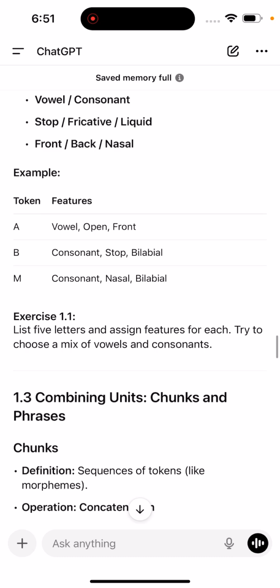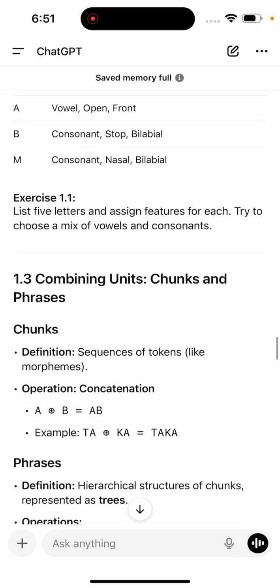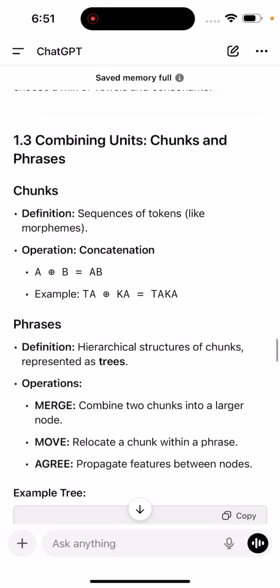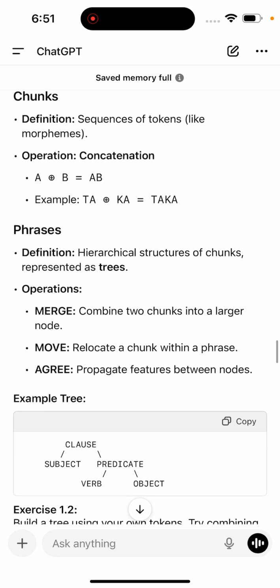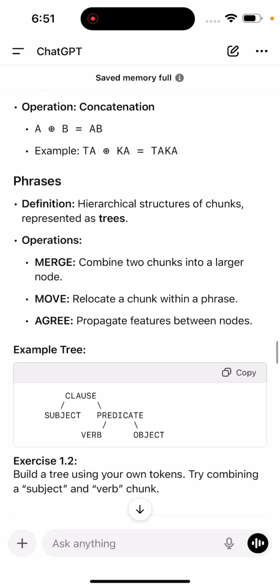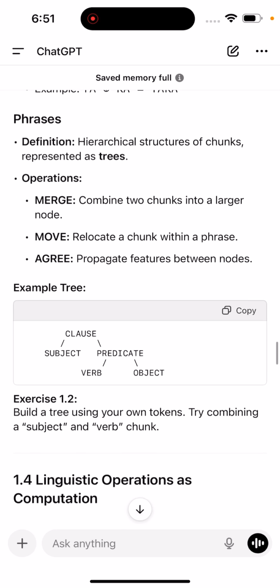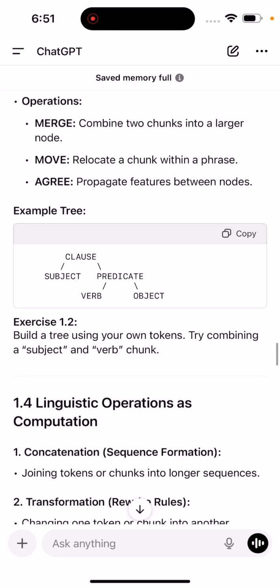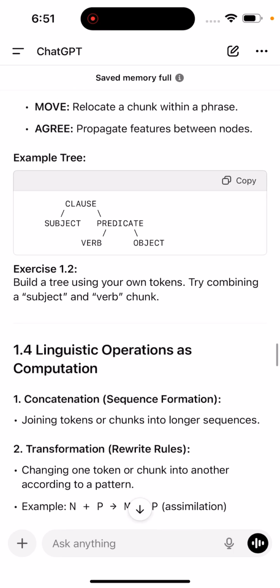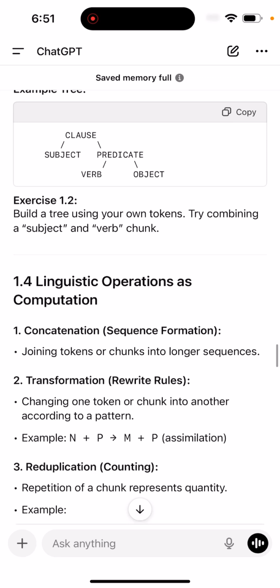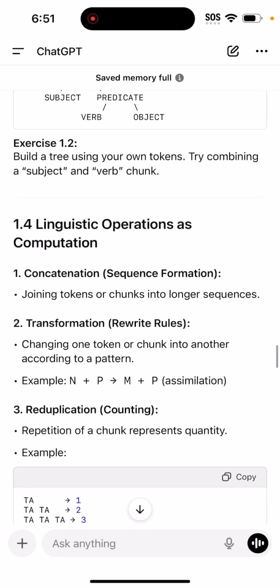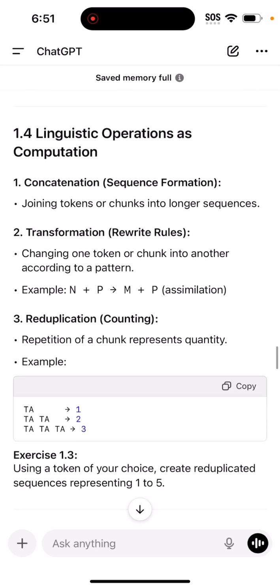And there's chunks, concatenation, phrases, operations. And here's an example tree: clause, subject, predicate, verb, object. And there's operations of computation such as concatenation, transformation, reduplication.